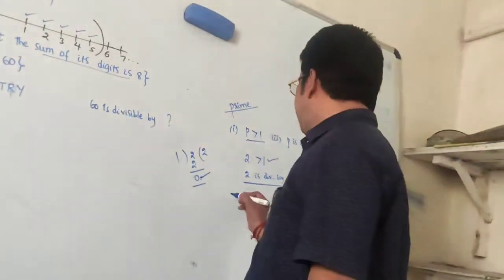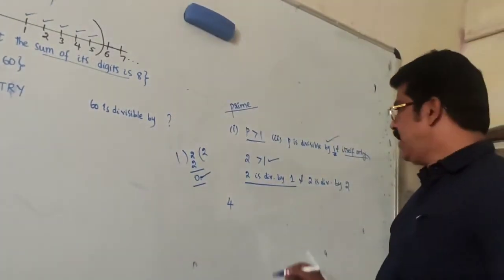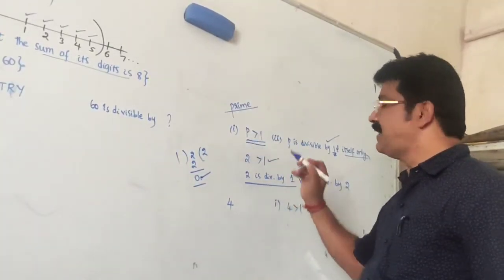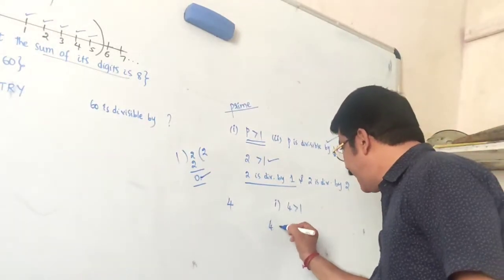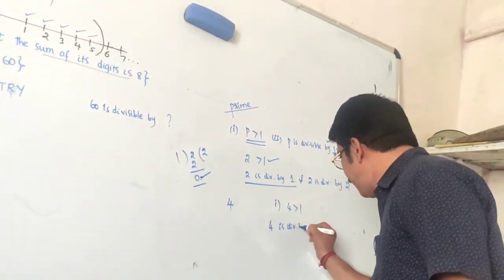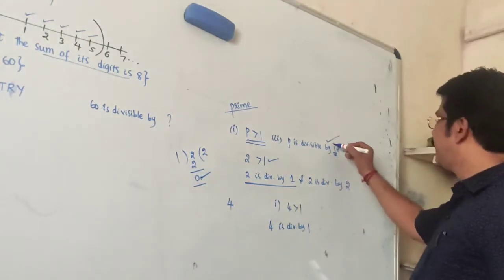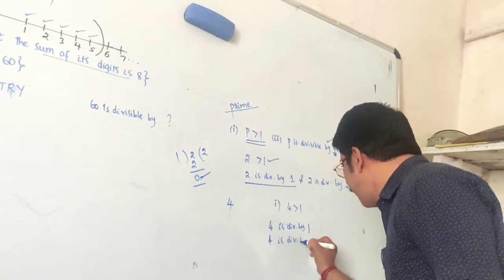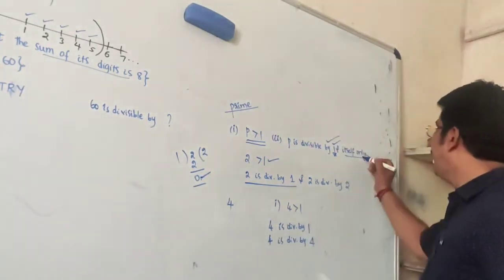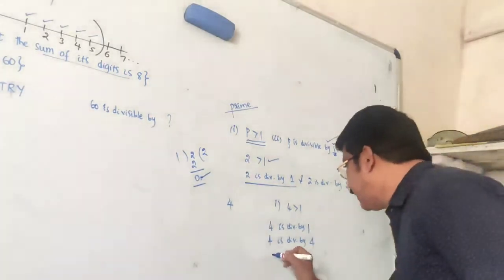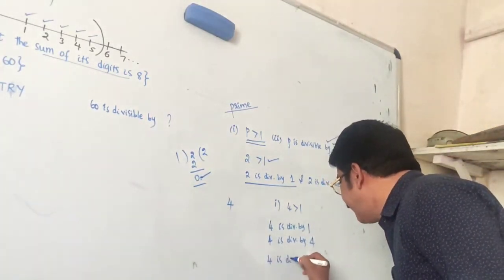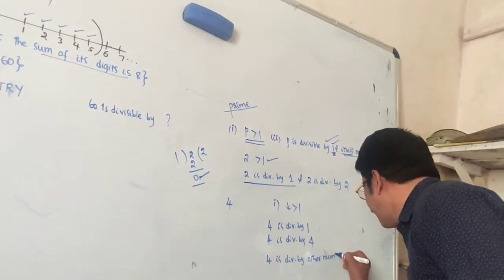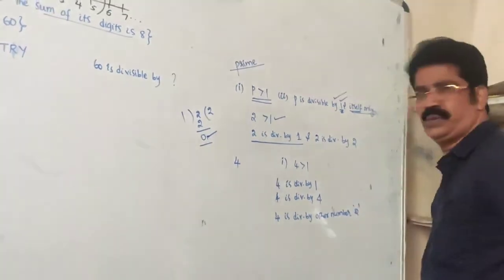For example, let us take 4. First condition. Of course, 4 is greater than 1. This condition is satisfied. 4 is divisible by 1. It is satisfied. 4 is divisible by itself, means 4. This condition is satisfied. But 4 is divisible by another number, 2.